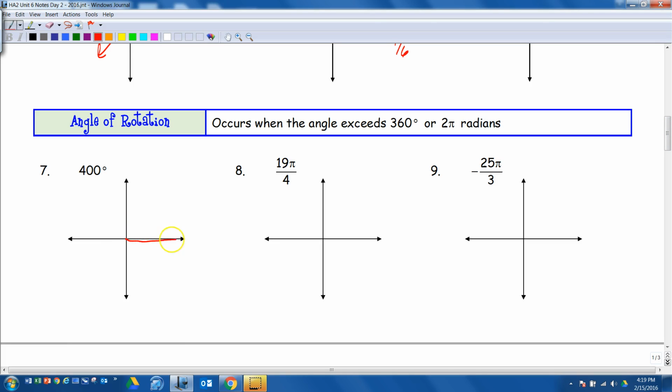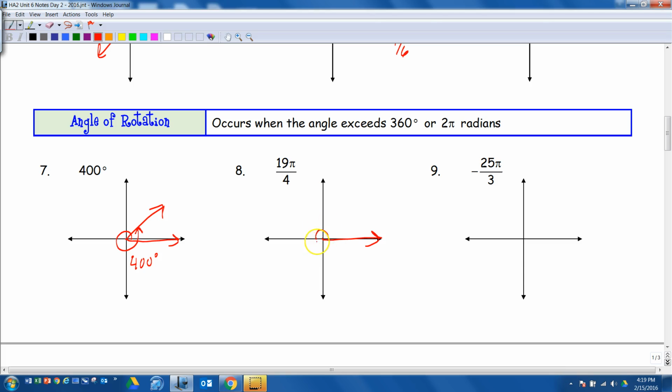Now, 400 degrees is more than 360, so I go 360 around, and then I go another 40. So this will be 400 degrees. 19 pi over 4. The way I do these again is fractions. Every 4/4 is 1 full pi, which is half a circle.